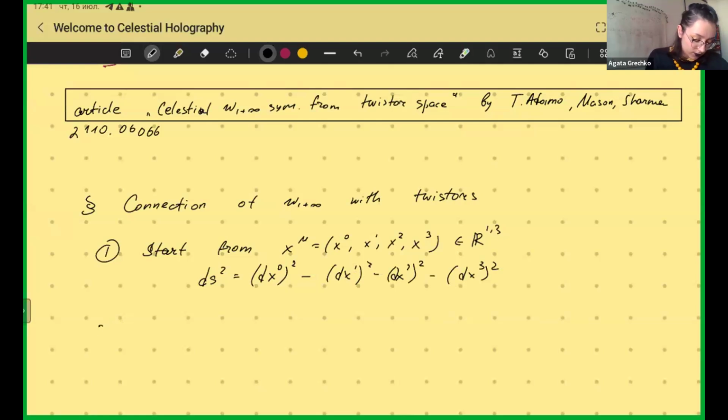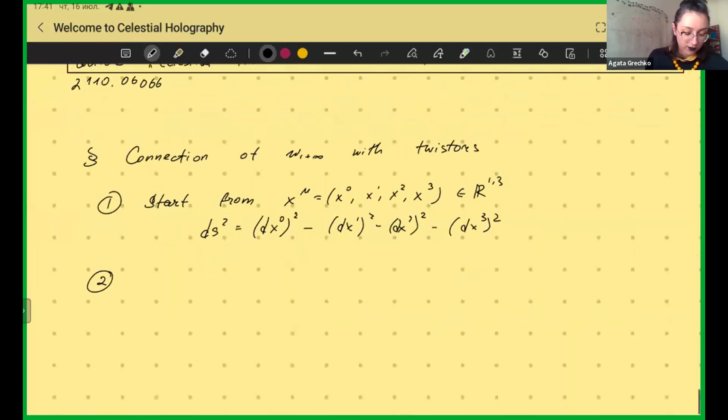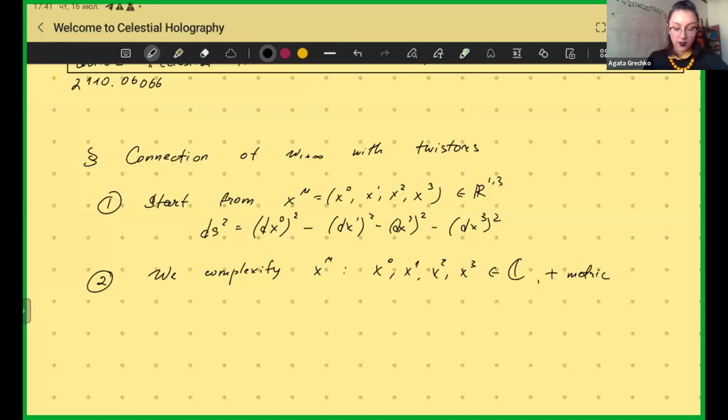And then we complexify each of the components, which means that x0, x1, x2, x3 are complex numbers now, but the metric is still preserved.